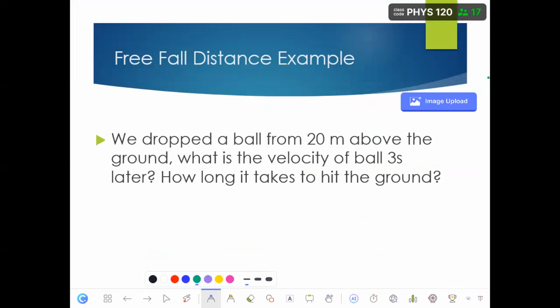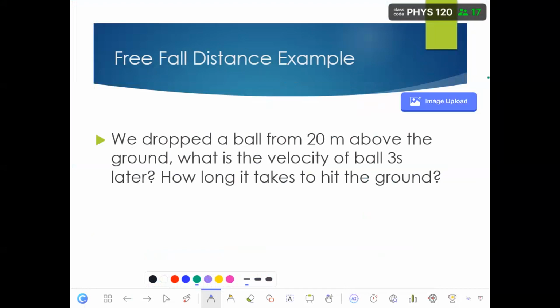We drop a ball from 20 meters above the ground. Let's say there is a ground, and there is a ball which is 20 meters above the ground. What is the velocity of the ball 3 seconds later? And then how long does it take the ball to reach the ground?